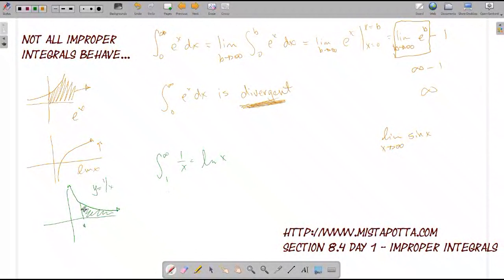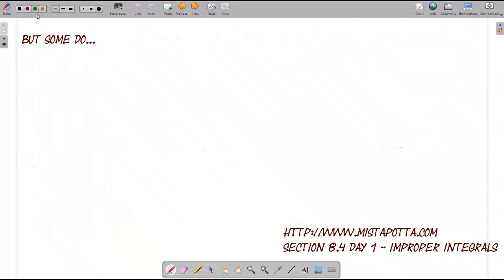Just because my function approaches 0 does not necessarily mean that the area is going to be defined. I still have to treat that limit, and I still have to evaluate that limit as x increases without bound. But there are plenty of situations where it does exist.